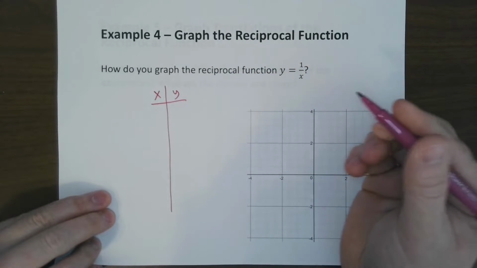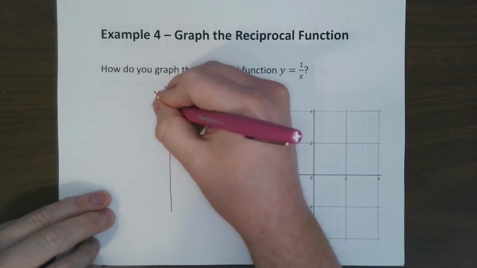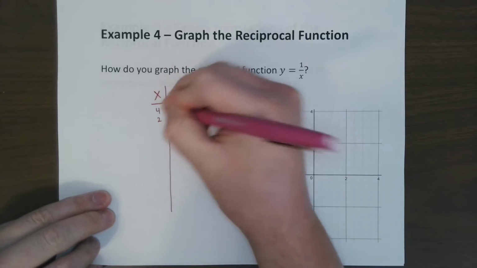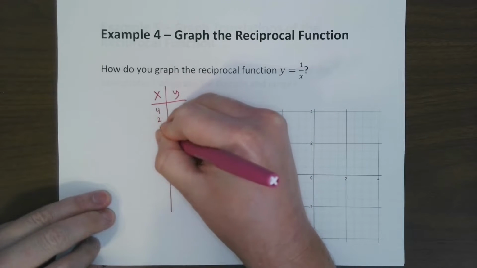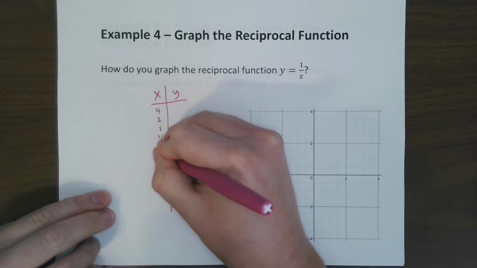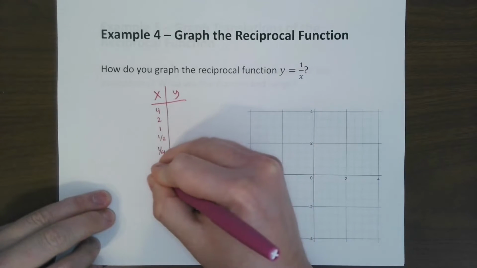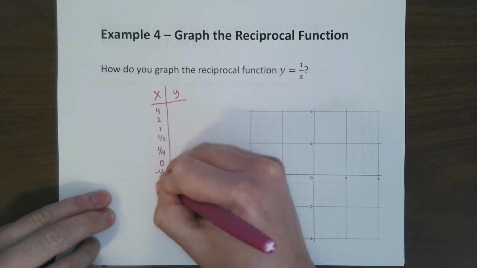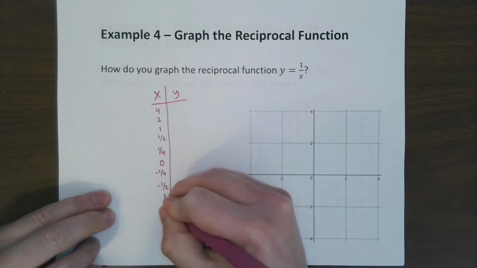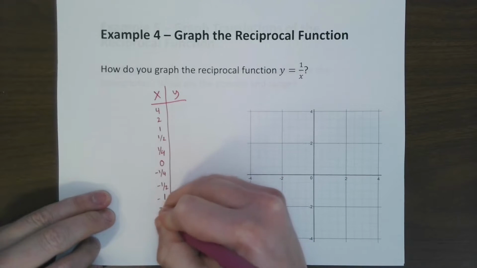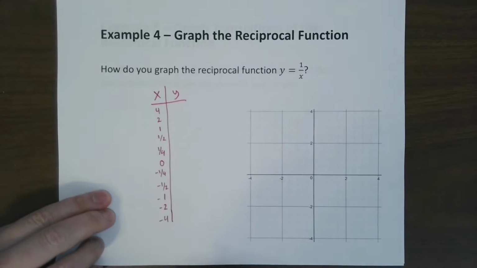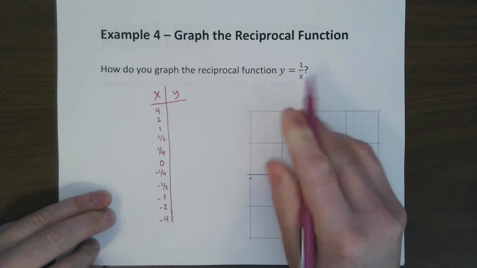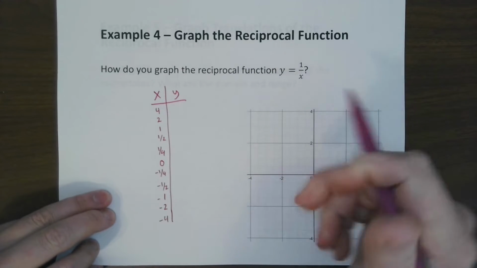I'm going to start with 4, 2, 1, 1/2, 1/4, 0, negative 1/4, negative 1/2, negative 1, negative 2, and negative 4.